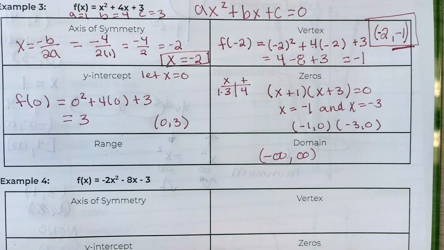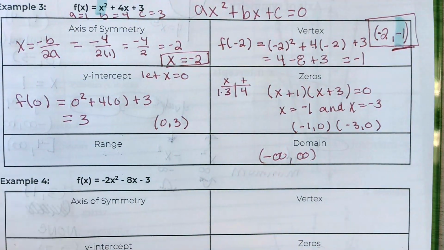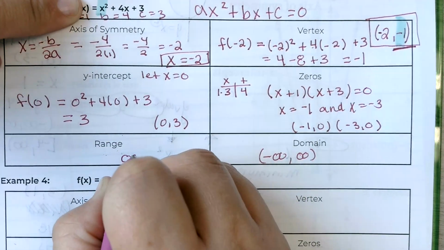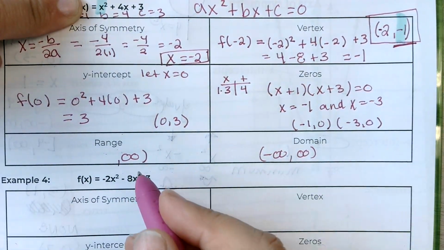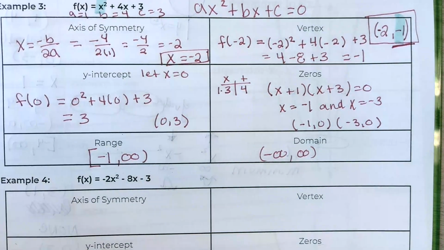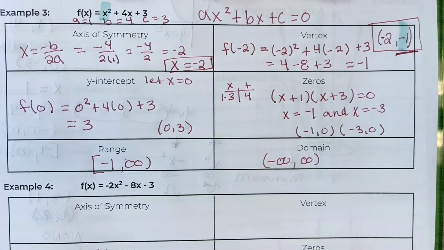And then I also need to check the original equation, looking at the coefficient of x squared, and I'm looking for a positive or a negative. Remember, positive means we're going to positive infinity, negative means we're going to negative infinity. In this case, we're going to positive infinity, so I'm going to write the infinity second, and then I need a -1 first, and it's included. It's always included, okay? So there you go. That's how you do the key features without a graph.